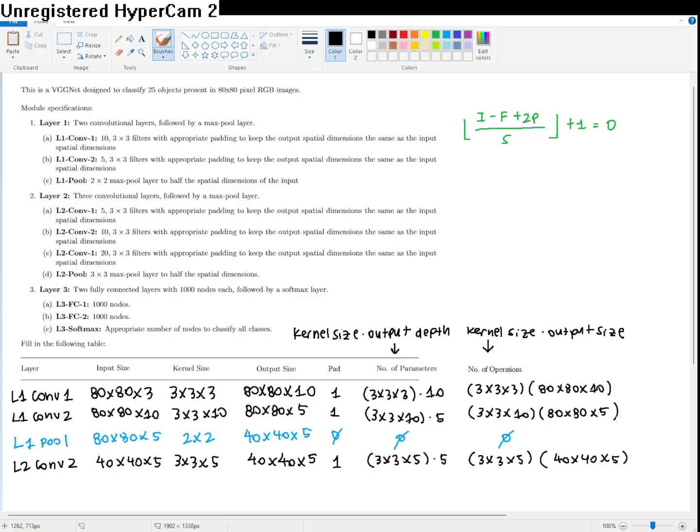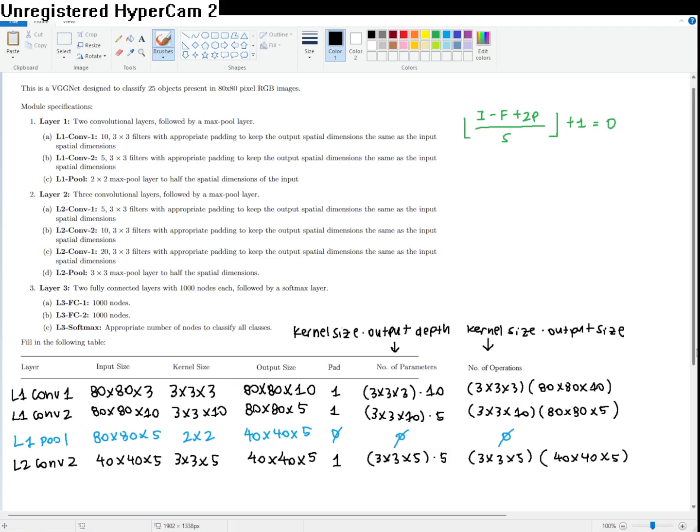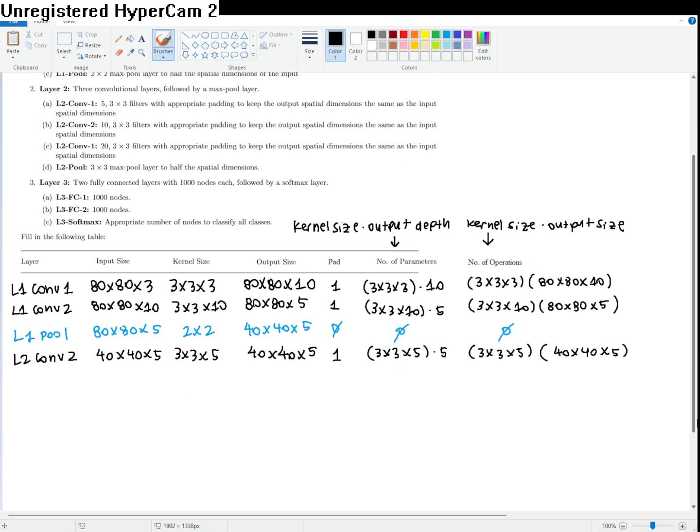So far, this problem is pretty straightforward, right? Let me go ahead and fill out the rest of these rows really quickly so that we can get to the next different row, something that has a different operation.